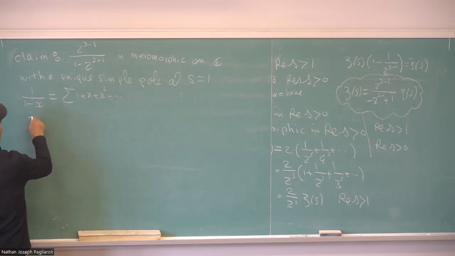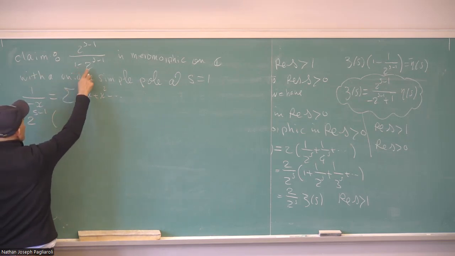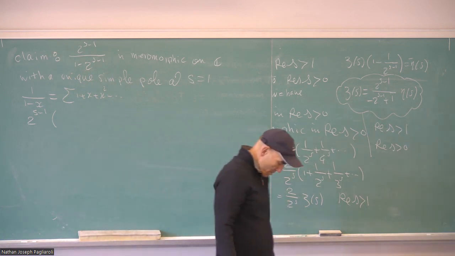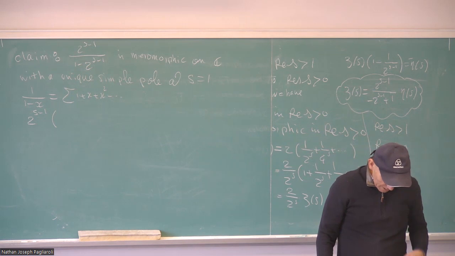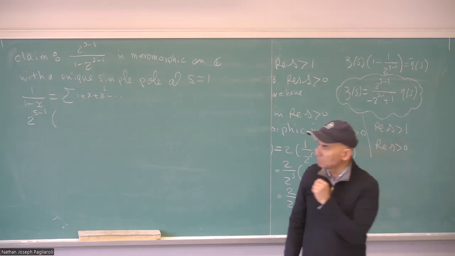So let's see. Although I saw something not very forthcoming in this argument, because I have 2 to the s minus 1 now. Okay, so s minus 1, when s is near 1, this is smaller than 1, so it's okay. I can do the expansion.